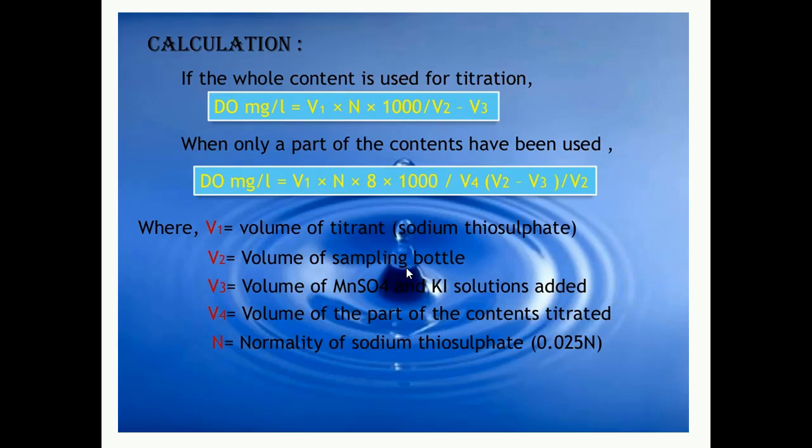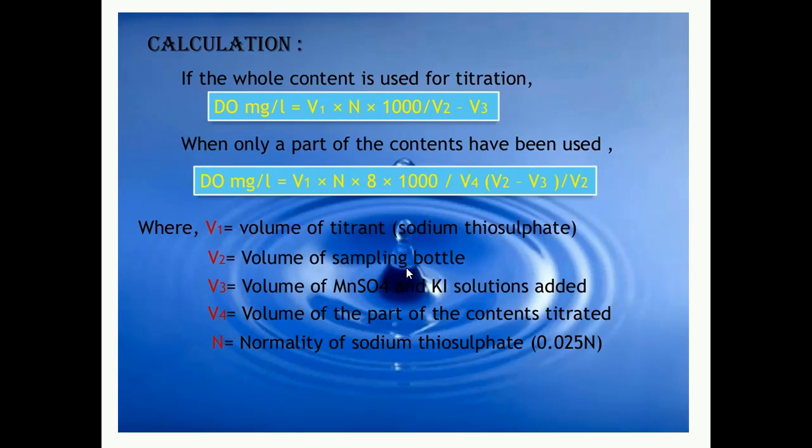If the whole content is used for titration, then dissolved oxygen in mg per liter is V1 times N times 1000 divided by V2 minus V3. Here V1 is the volume of titrant, sodium thiosulfate. V2 is the volume of the sampling bottle. V3 is the volume of manganese sulfate and potassium iodide solution added.